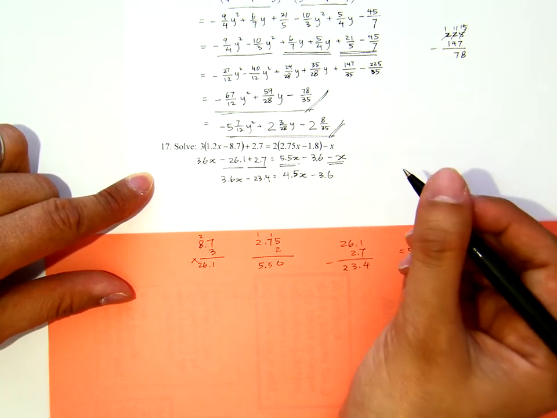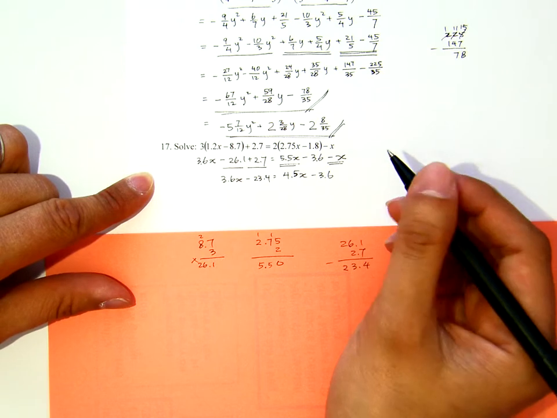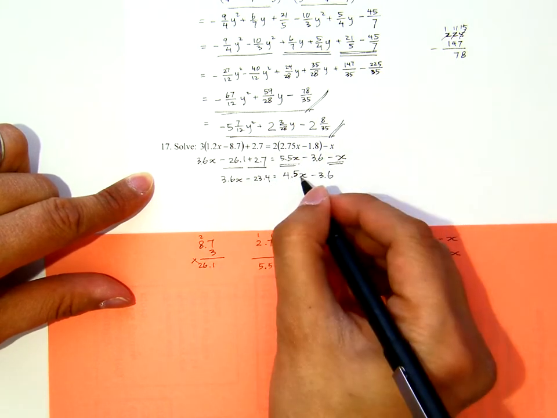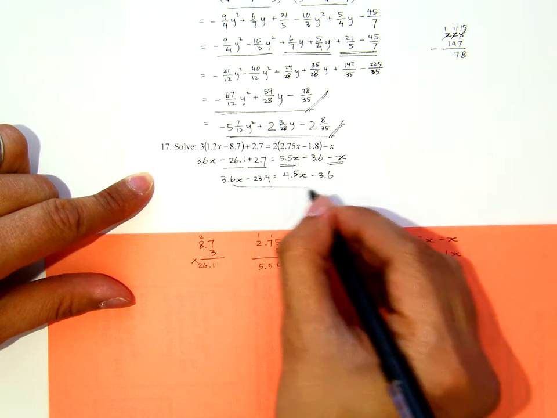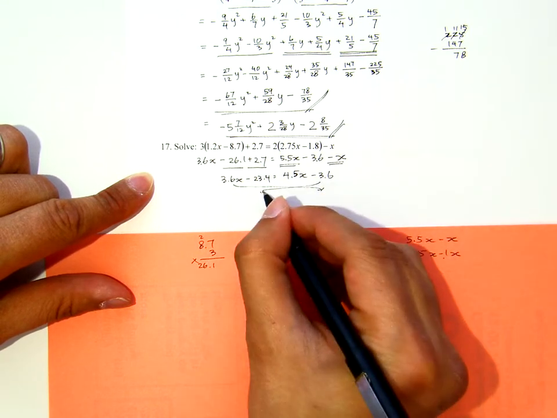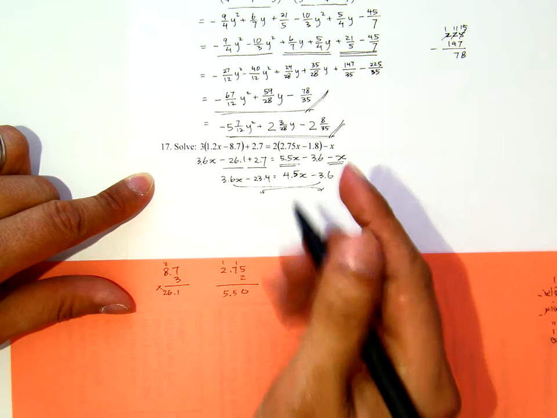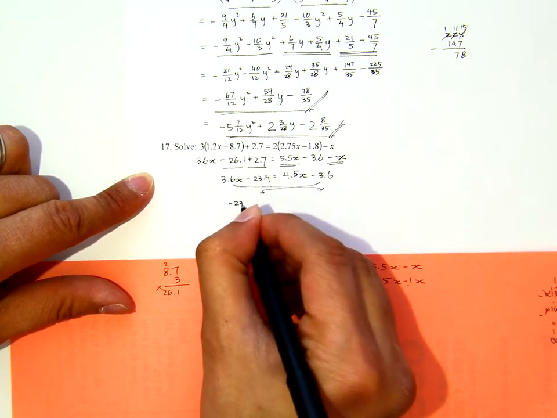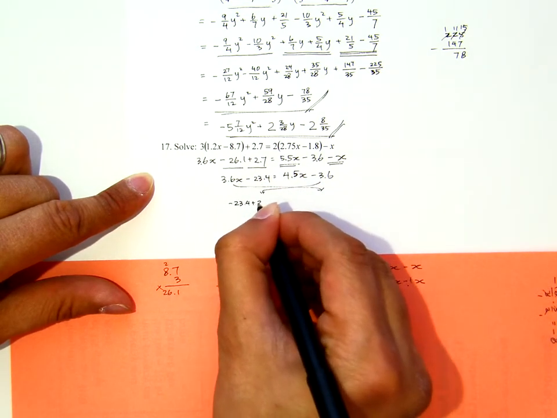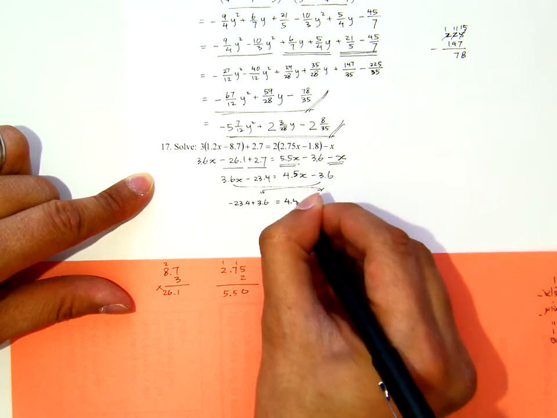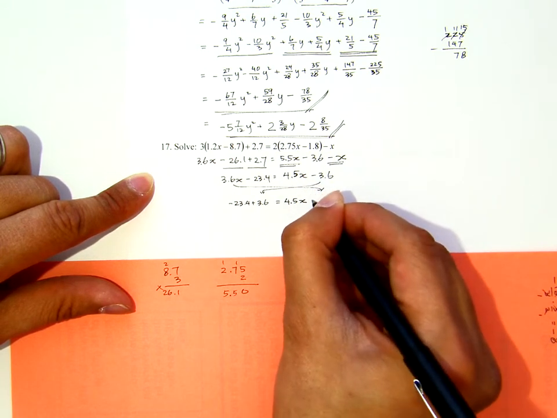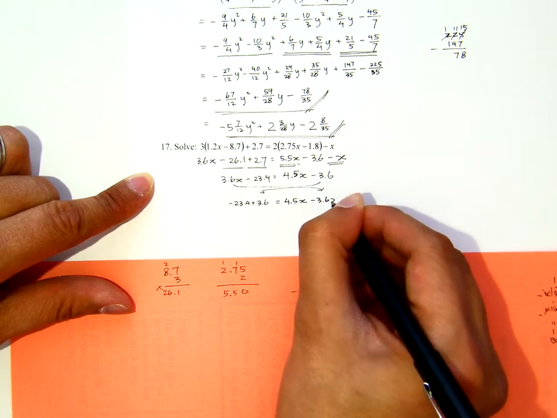Now from here I will move terms across the equal sign. 4.5x and 3.6x. 3.6x is the smaller coefficient, I will move it there. Therefore this I will move to the right. Then I get negative 23.4 plus 3.6 equals 4.5x minus 3.6x.